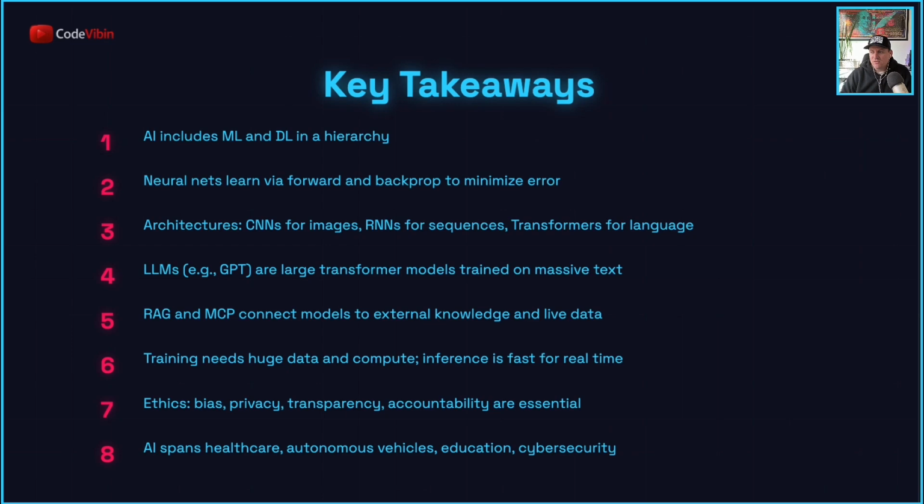LLMs, e.g. GPT, are large transformer models trained on massive text, and RAG or MCP connect models to external knowledge and live data. Training needs huge data and compute. Inference is fast for real time. Ethics, bias, privacy, transparency, accountability are essential, and AI spans healthcare, autonomous vehicles, education, and cybersecurity. And that is it, folks.